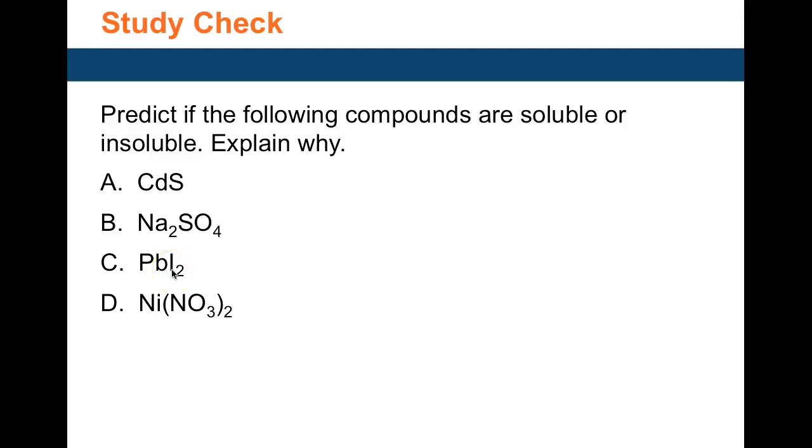When you have an iodide, chloride, or bromide attached to lead 2, then that's insoluble. Nitrates are always soluble, no exceptions. So even though it's attached to a nickel, nickel 2 nitrate is soluble. All right. So A is insoluble, B is soluble, C is insoluble, and D is soluble.